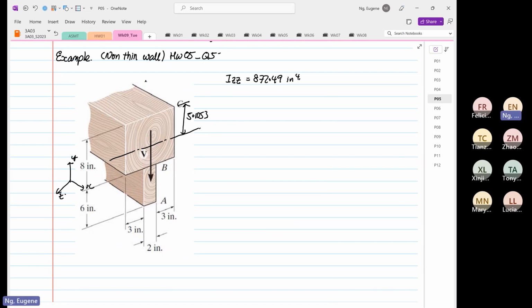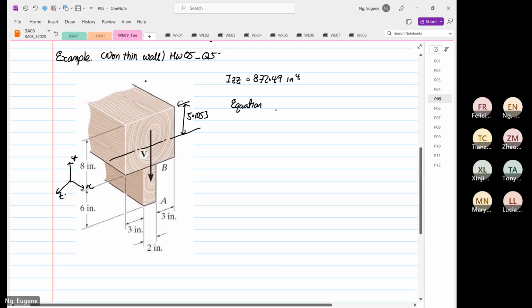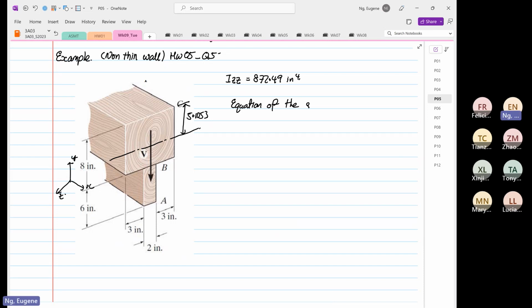So we are going to plot. We are going to form the equation of the shear stress distribution.